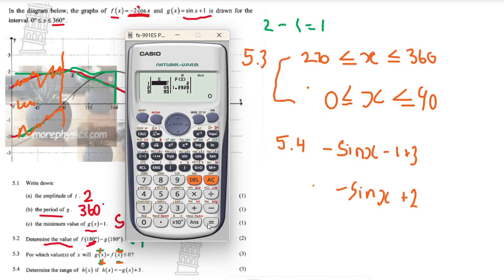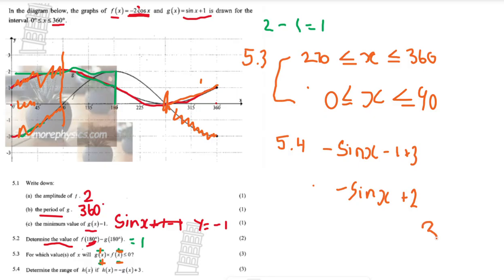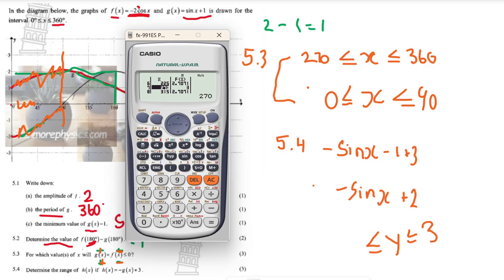Once you press that, remember, when you're looking at range, you're looking at the lowest y value to the highest y value. So we start going down. Our highest y value is 3. Now let's see our lowest y value.